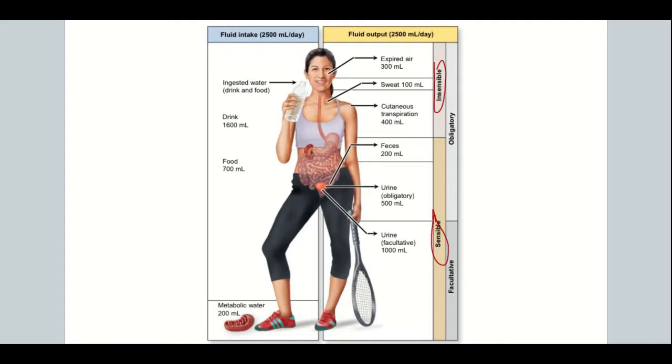You're losing water, but you're also losing ions and everything that was in that water. Also, hemorrhaging would be the same thing. You're losing the whole volume, not just water, not just H2O, but you're losing ions or electrolytes as well. Severe burns can also be an example or a reason for volume depletion.